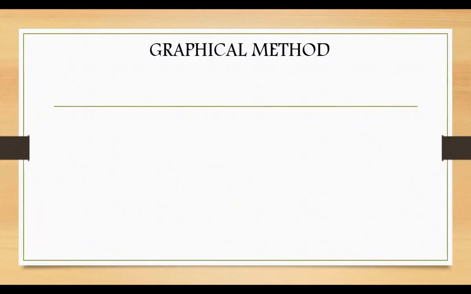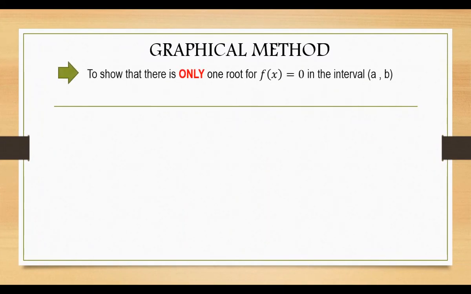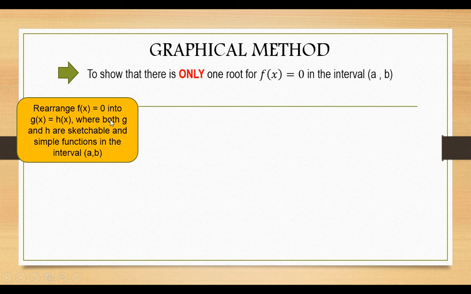Okay, now the graphical method, to show that there is only one root for f(x) equals 0 in the interval (a, b). First we rearrange f(x) equals 0 into g(x) equals h(x), where both g and h are sketchable, simple functions in the interval (a, b).